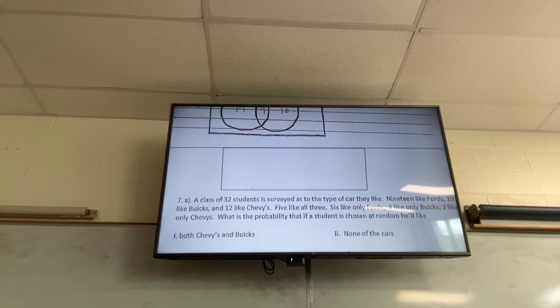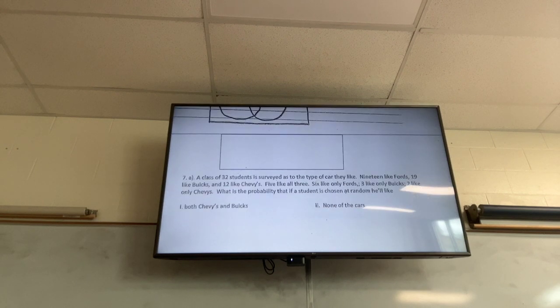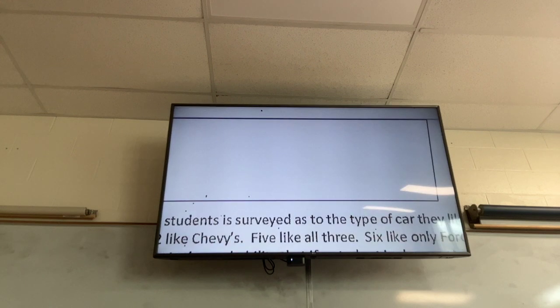How many categories of car are there here? There's 3: Fords, Buicks, and Chevys. So I'm going to draw 3 circles.